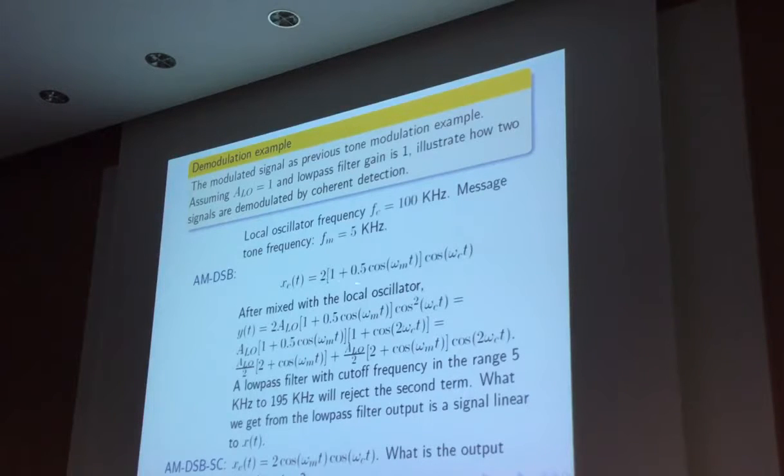Carrier amplitude 2, modulation index 0.5. After mixing with the local oscillator, we have 2 A_LO, where the 2 comes from here, times the envelope times cosine square omega_C t. Expand this one. The 2 cancels out. We have this one. Then expand it further. We have 3 terms.